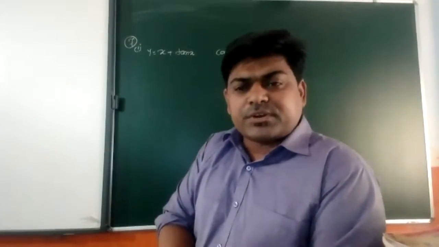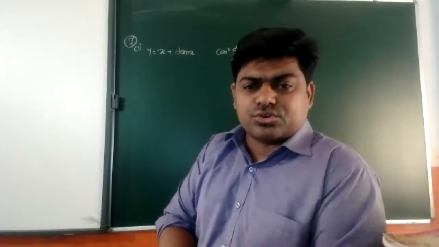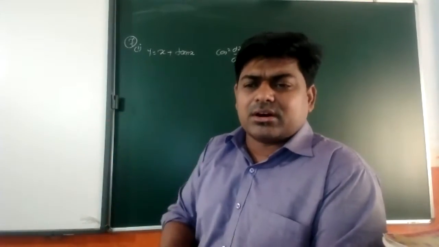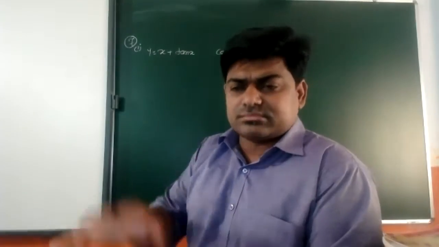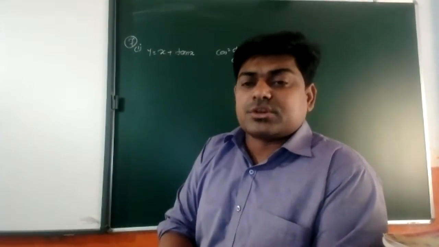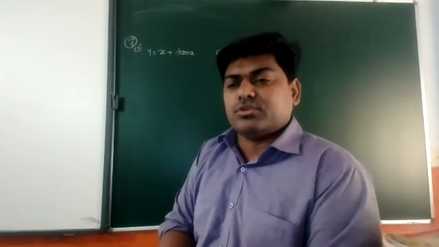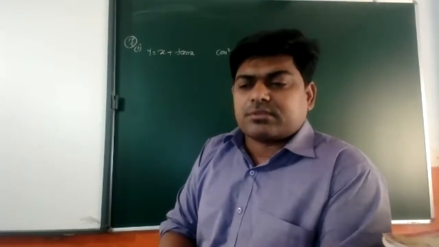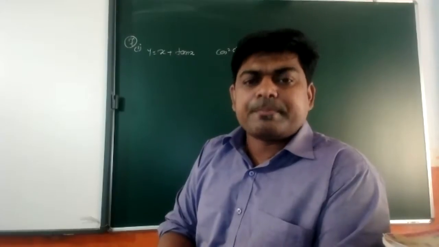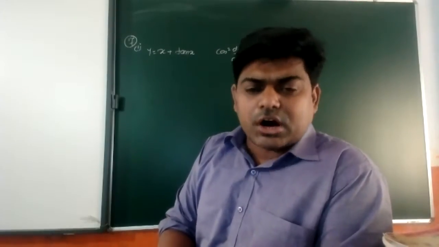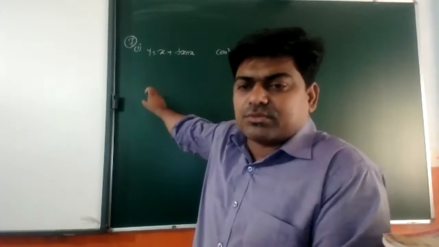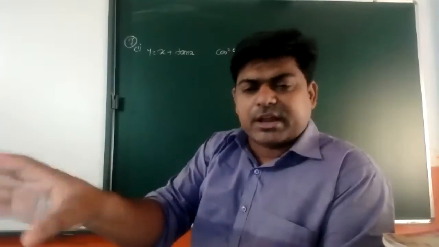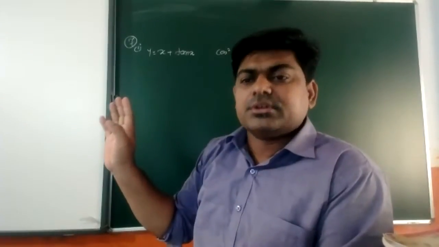After simplification, if we get 0, it means it is correct. But we have only a few questions where this method has to be applied, substituting the values of y, dy by dx and d2y by dx square. Otherwise, in most questions, after getting dy by dx and d2y by dx square, we can directly get our result.